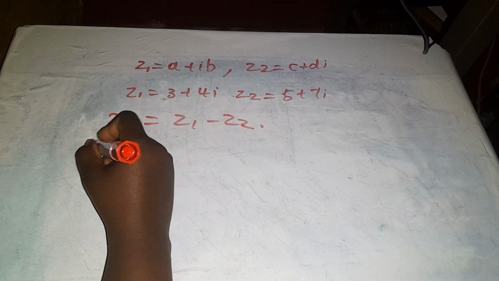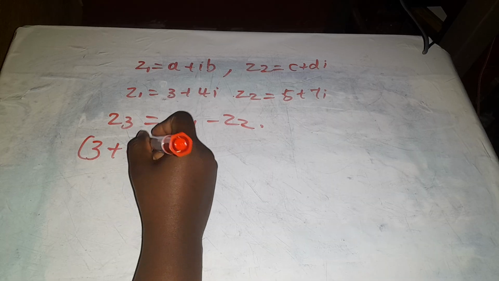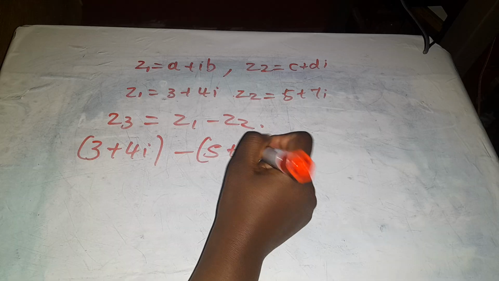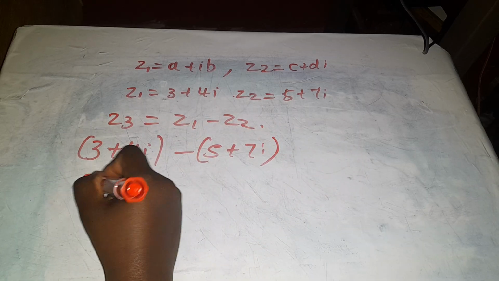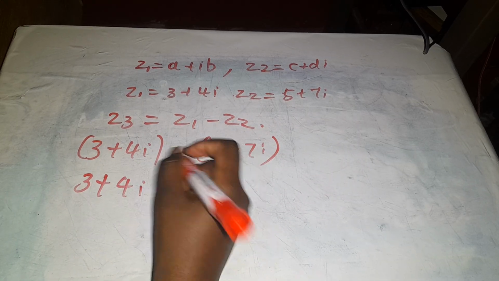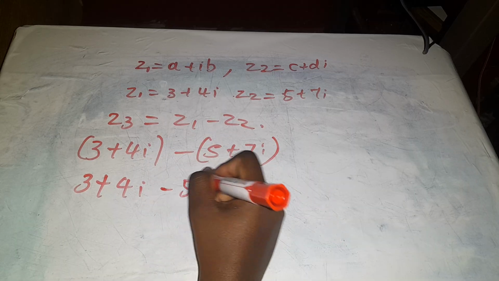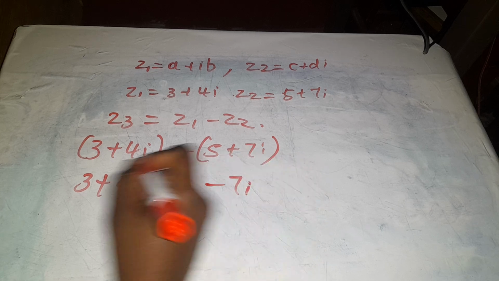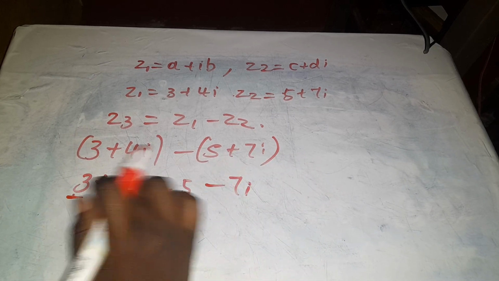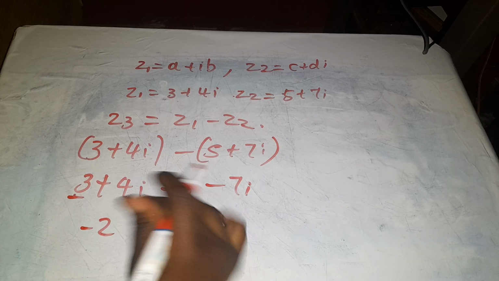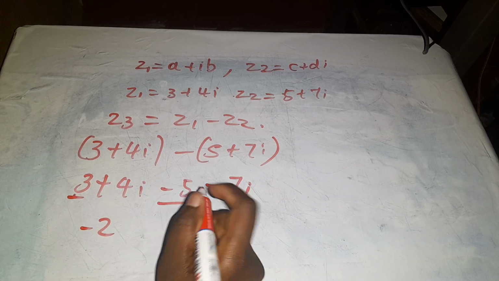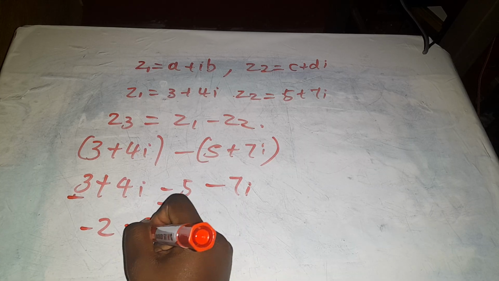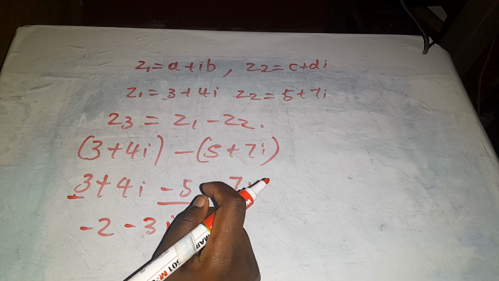So if you are told to subtract this, it's going to be like this. Again, you group the like terms together. So 3 minus 5 will give you negative 2. 4i minus 7i is going to give you negative 3i. And that will be your answer.